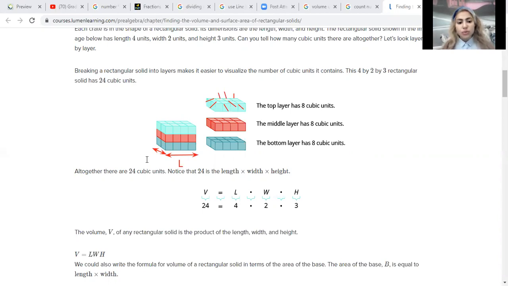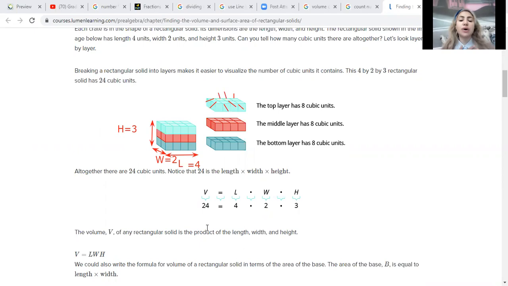So my width is 2. My length is 4. What's my height? My height is 3 cubic units. So we multiply length 4, width 2, height 3.